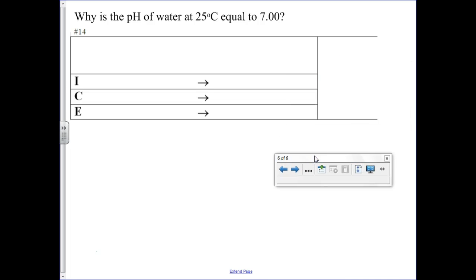All right. Let's introduce ICE tables. ICE is an acronym. And it's going to be a tool that we're going to use to help us solve for the pH of weak acids and weak bases.